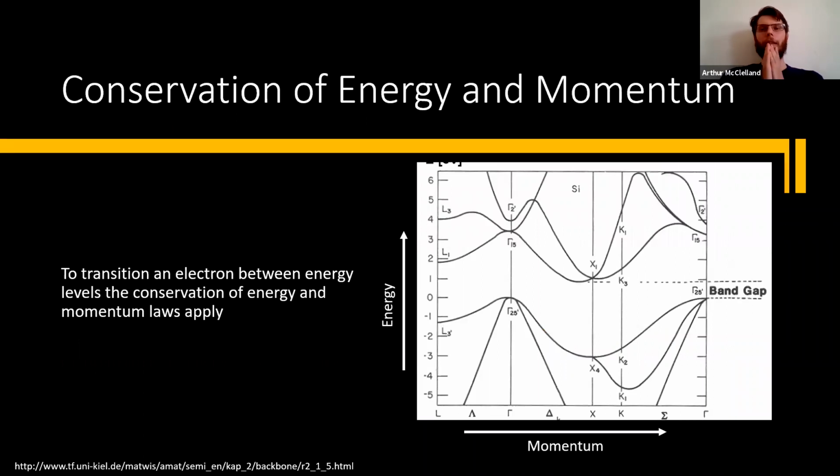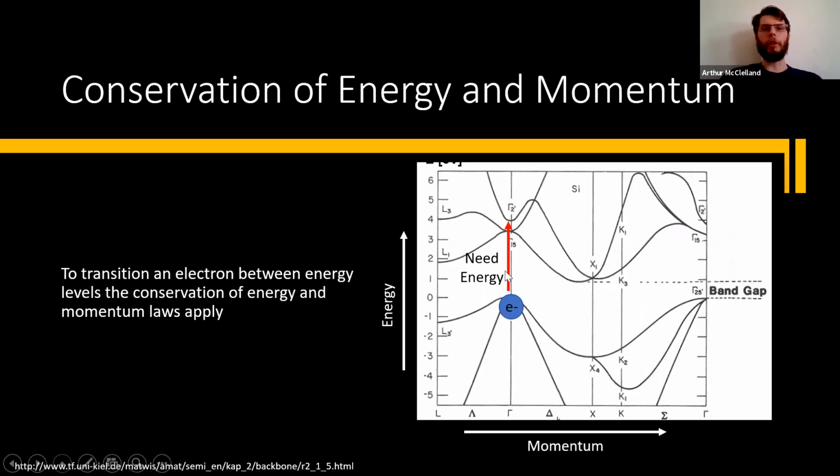And then we're going to go back and look at the band structure one more time. We still have the laws of conservation of energy and conservation of momentum. So if we have an electron at the top of the valence band, we want to move it up to the conduction band so we can do something useful with it.